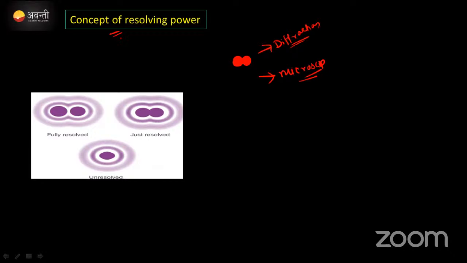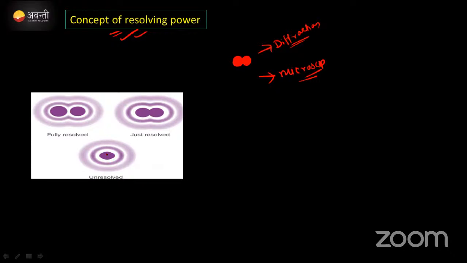That is known as resolving the particles. Its power depends on the lens. How much the lens will resolve two closely packed particles to an exact extent is known as the resolving power.